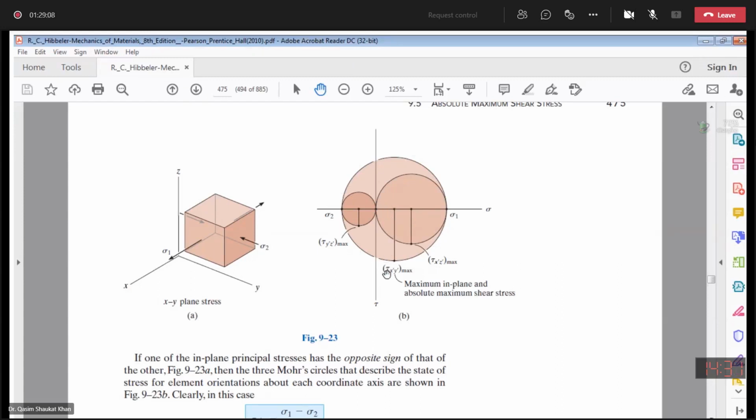In the second scenario, when one principal stress is positive and the other is negative, your absolute maximum shear stress and maximum in-plane shear stress will be the same.